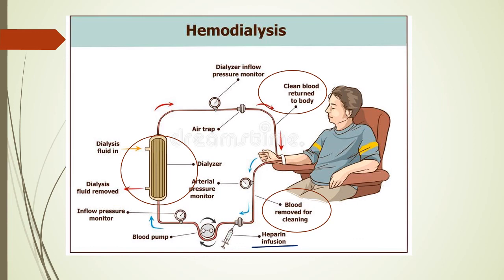Now nitrogenous wastes are absent in the dialyzing fluid. Okay, so these substances freely move out and it will clear the blood. Now last, the clean blood returns to the body. In this way, dialysis is performed in the human body.